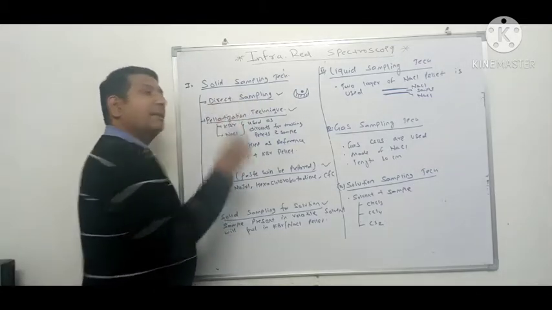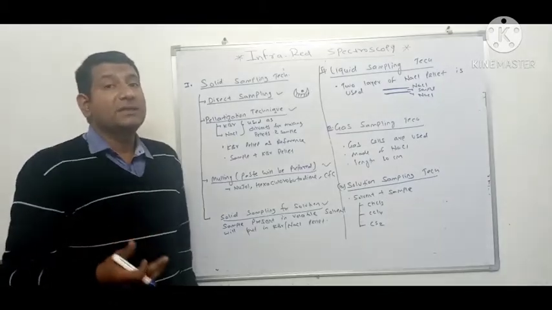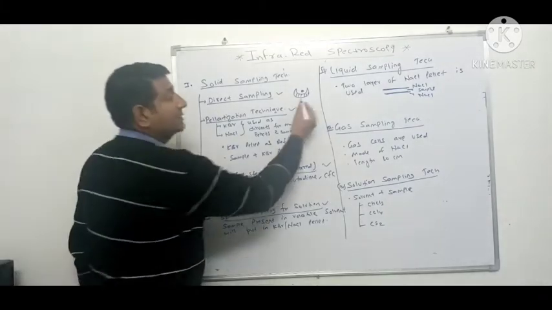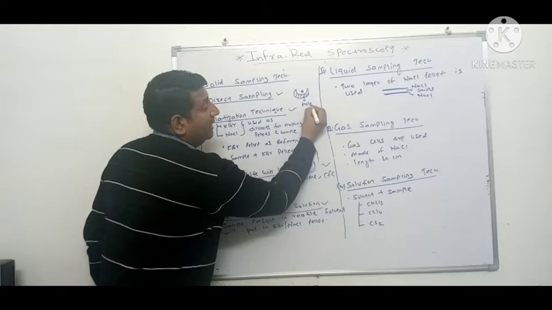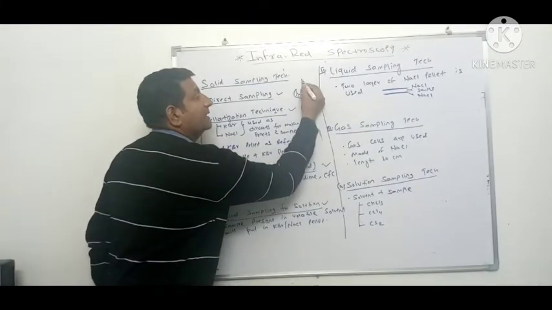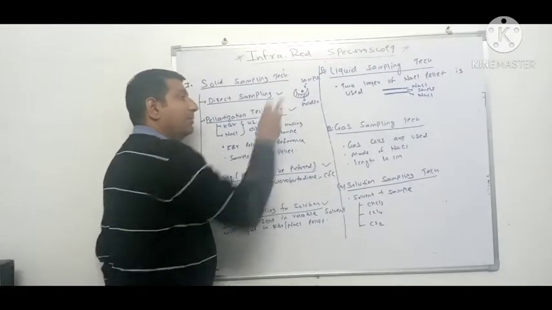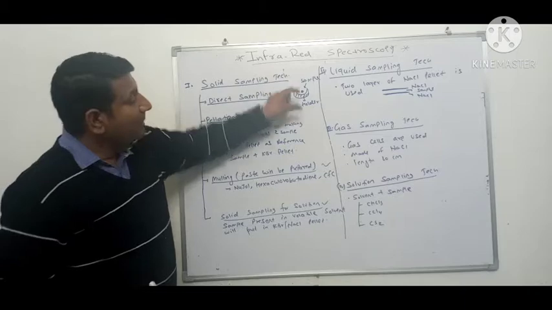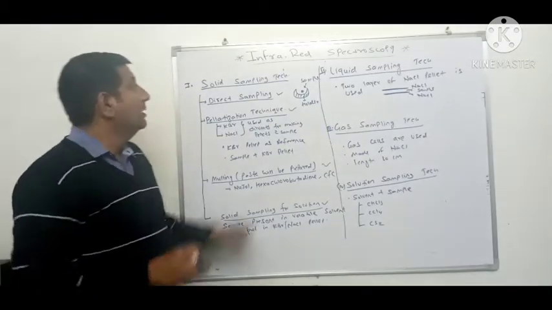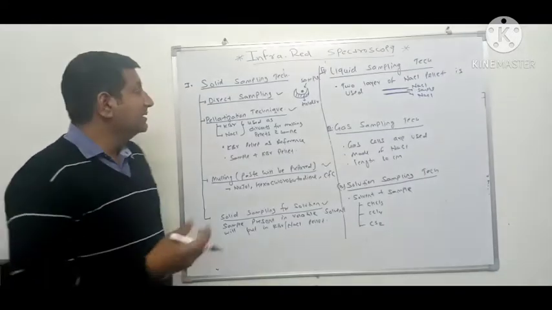It is known as direct sampling because we are not using any substance other than the sample. There is a sample holder, a type of cuvette, and a small amount of sample is put into it. This sample holder plus sample assembly is put into the IR instrument, and the analysis is done.